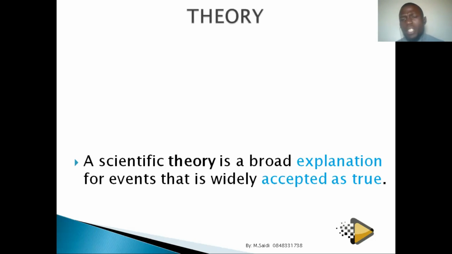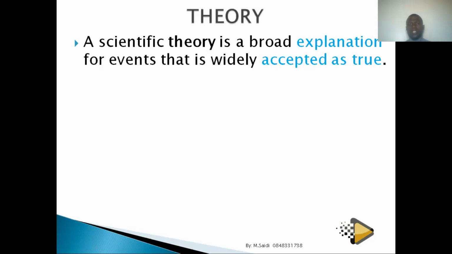Then when you talk about a theory, what does it mean? A theory is a broad explanation for events that is widely accepted as true. So if you have different hypotheses, and the hypothesis is tested to be true, and it has been repeated, and it is supported by evidence, then the hypothesis turns into a theory.